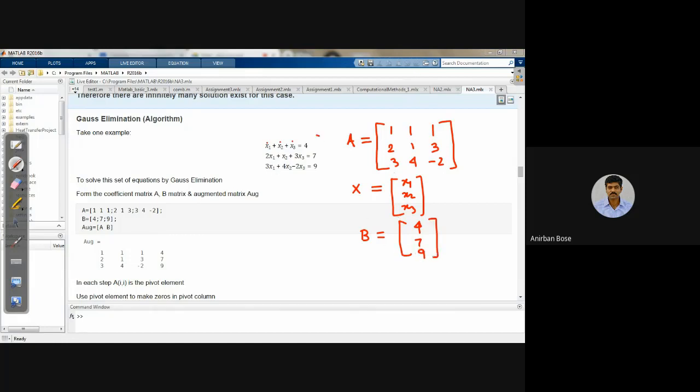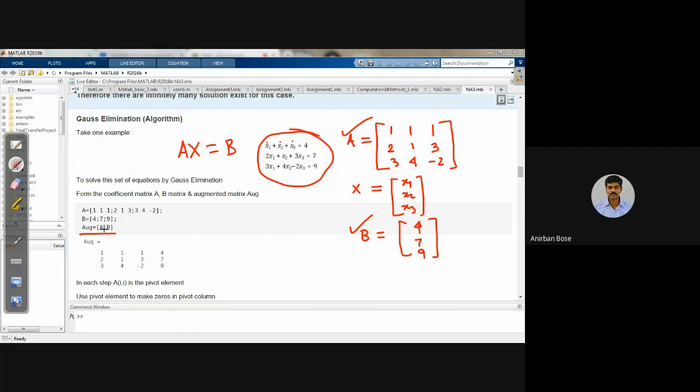Then we can write the whole thing simply as Ax equal to B. Now we want to solve this equation. To do that, how can we create the augmented matrix? The A matrix will be created and the B matrix will be created. We'll simply write augmented matrix is equal to A space B, that's all.